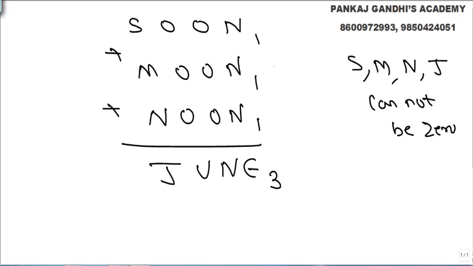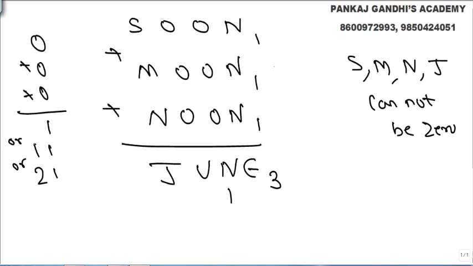Now if N is 1 here, I need here also N to be 1. Now to get 1, we just saw three things summation, means O plus O plus O. I want to end with 1. It can be 1, 11 or 21. 1 is not possible, 11 is not possible. What is possible is 7. 7 plus 7 plus 7, 21.